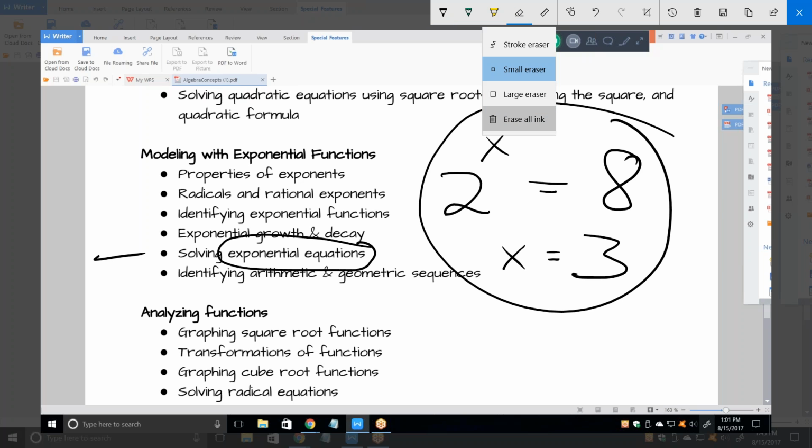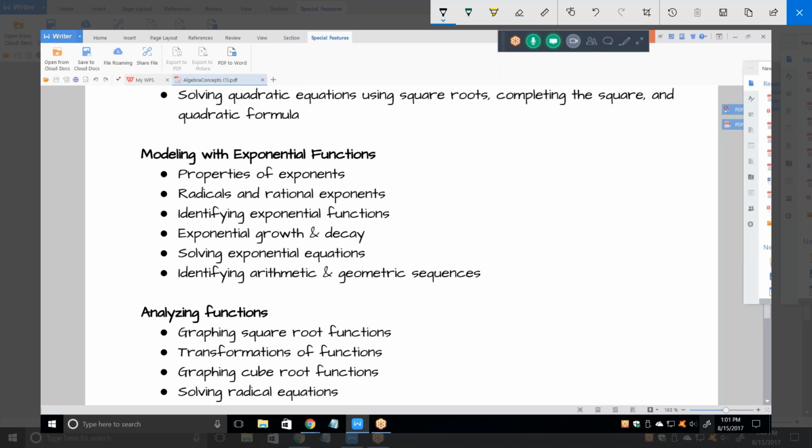And I'm pretty convinced that in Algebra 1, you're only going to have to solve the easy ones. In other words, the more difficult ones, that's not so easy. Now you've got to bring in logarithms, and they don't mention the word logarithm anywhere on this page. So I know they don't want you to necessarily be able to do these.